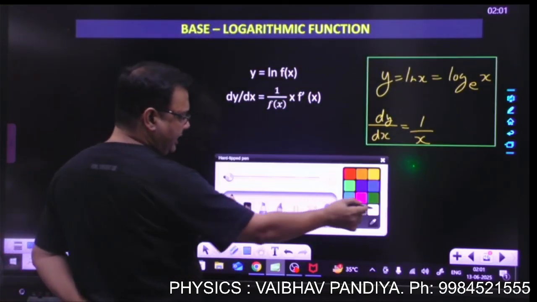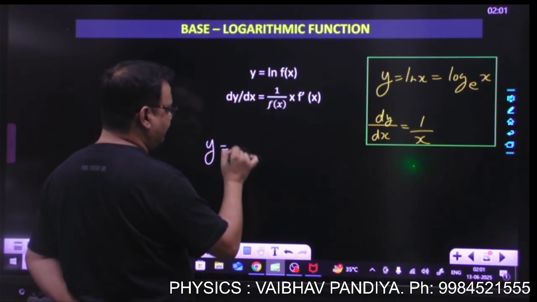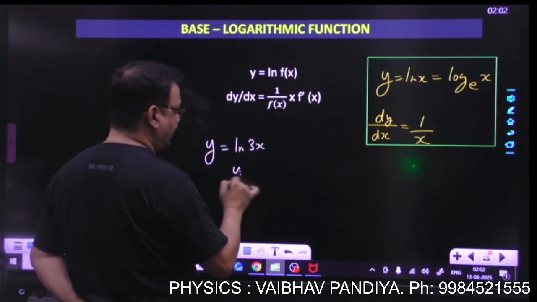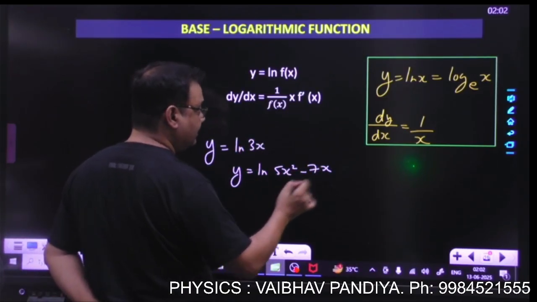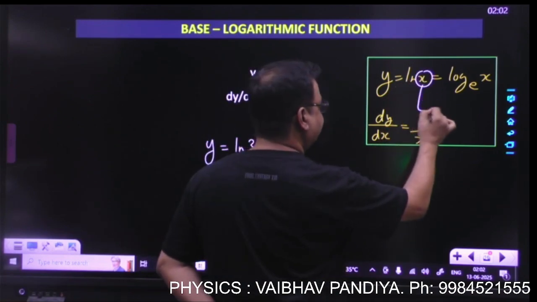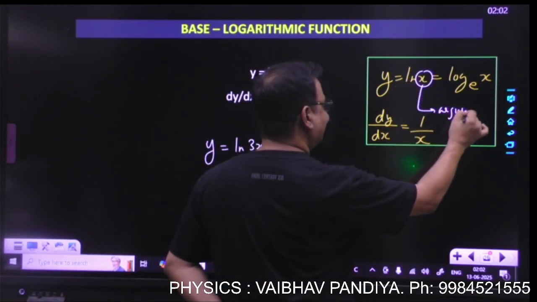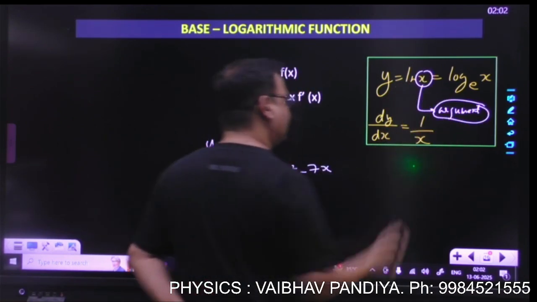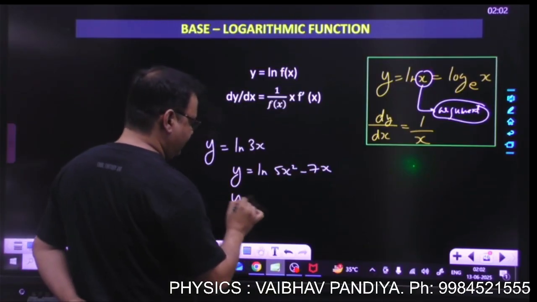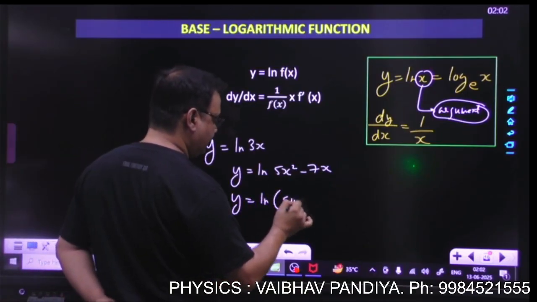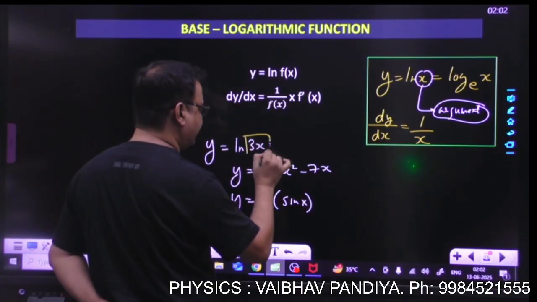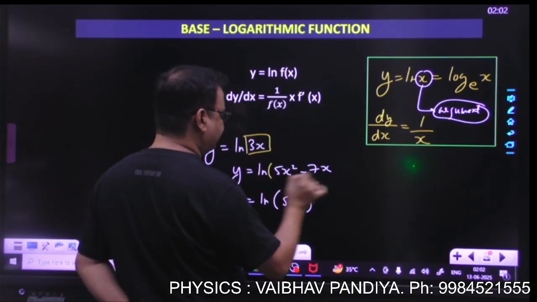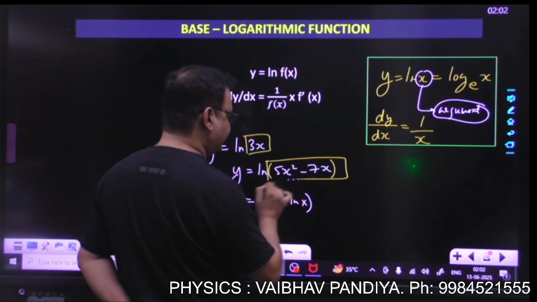Suppose we have an expression like y is equal to ln 3x, y is equal to ln of 5x square minus 7x. This is called the argument in this case. This is the argument of the log function. So y is equal to ln sin x. So here the argument is not x but 3x. Here the argument is not x but 5x square minus 7x.